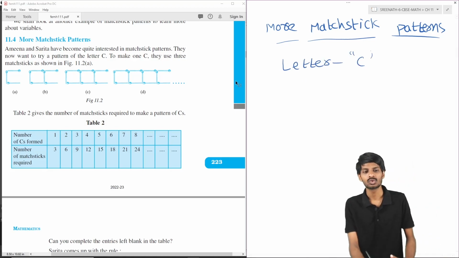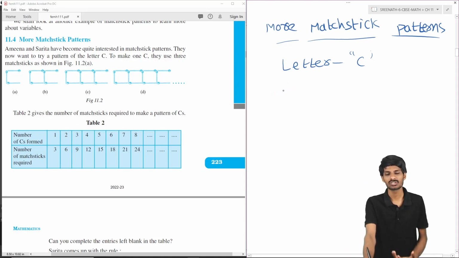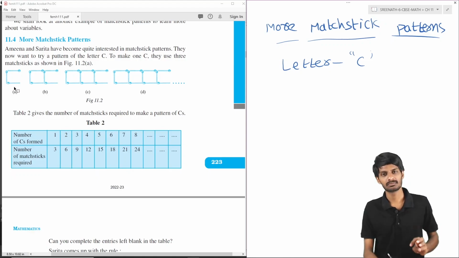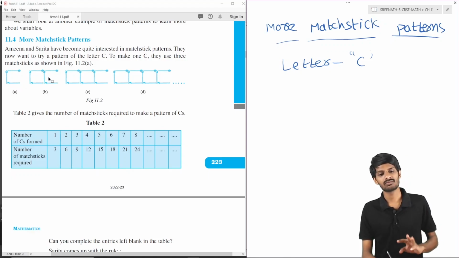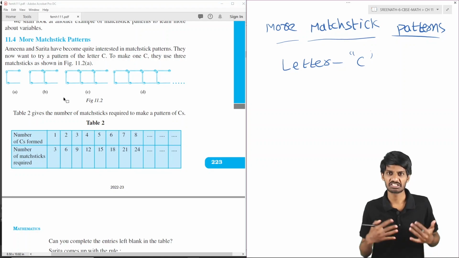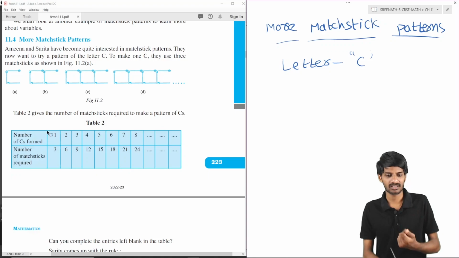They tried to form a letter C using matchsticks. So they formed a single letter C with matchsticks, and next they added one more C, and one more C. Again they formed the table, same procedure: number of C's formed and number of matchsticks required. For 1 C, 3 matchsticks are required.